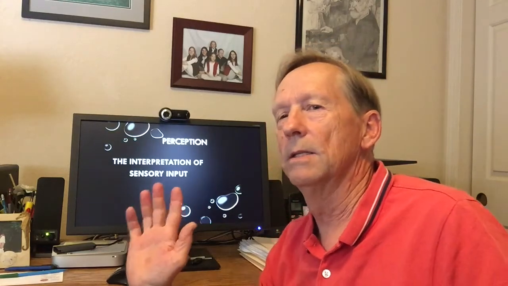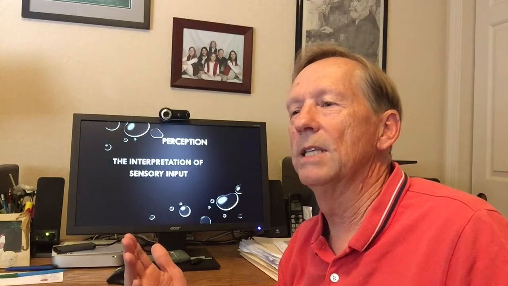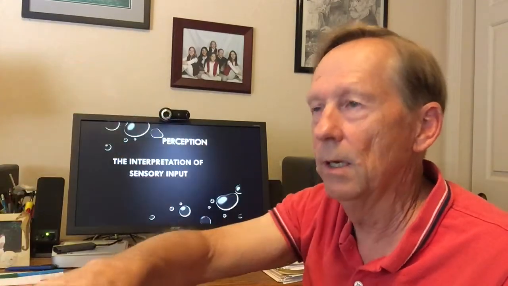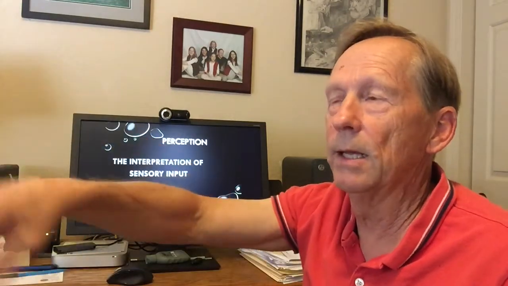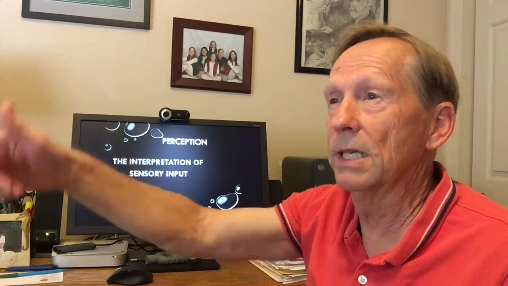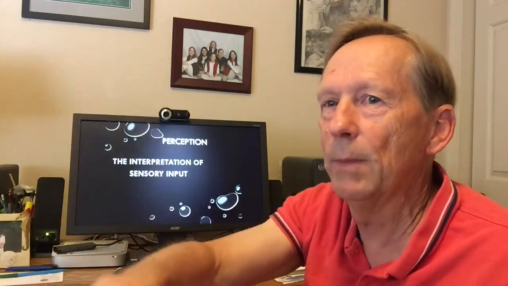So there's several theories. Frequency theory says that the same amount of vibration that's coming in to the eardrum is going to be passed on through the bones of the middle ear, through the round window of the cochlea, and to the basilar membrane and the hair cells. And then electrochemical signals are going to be sent to the brain at the same frequency as the sound wave that came in.